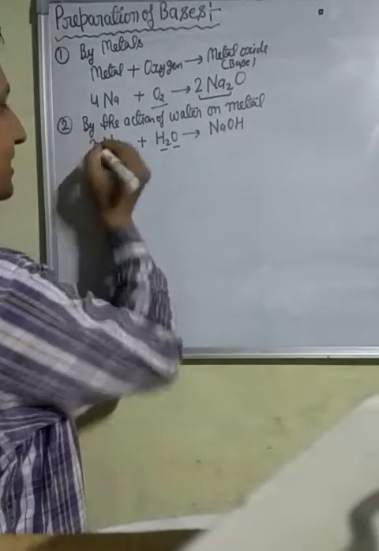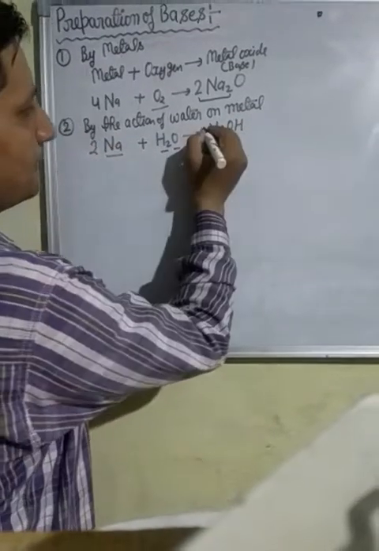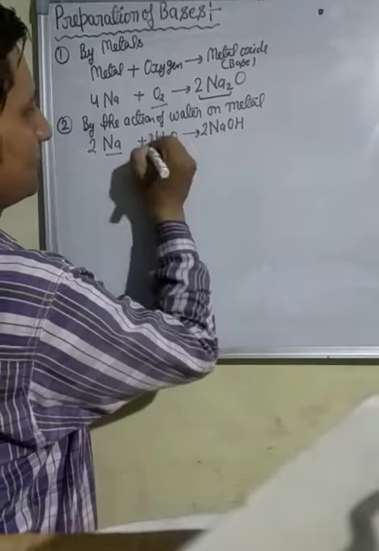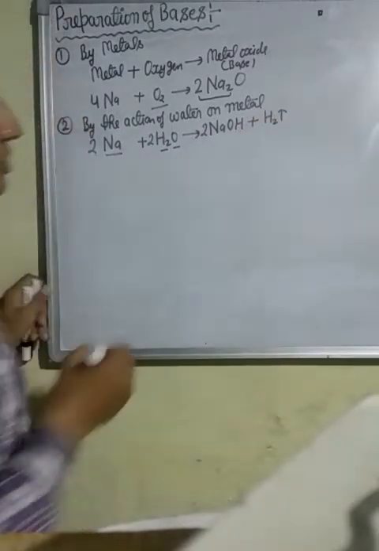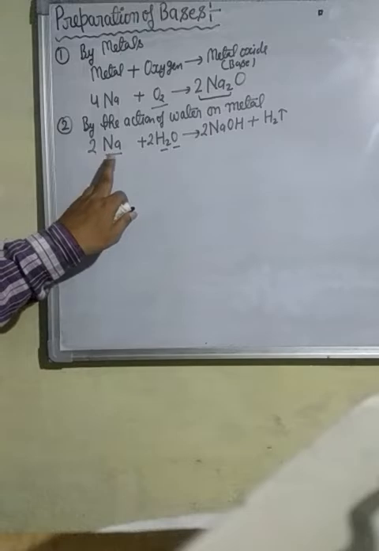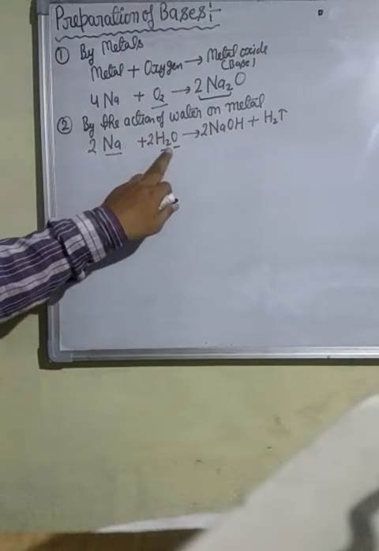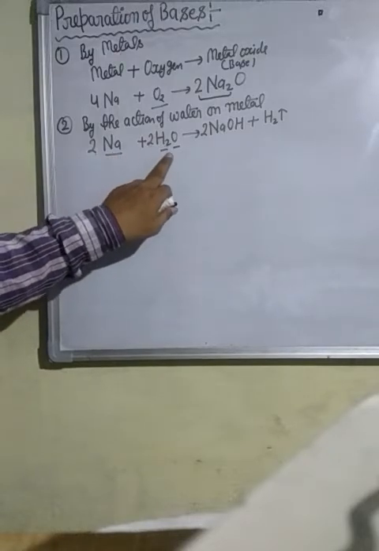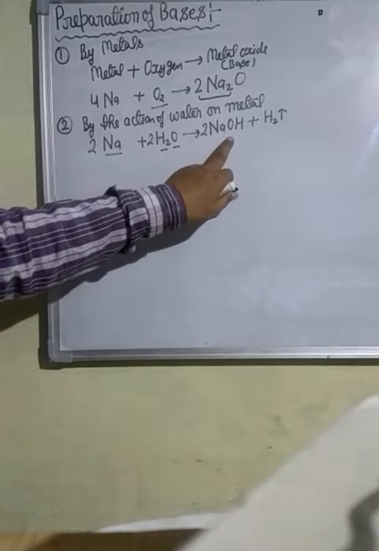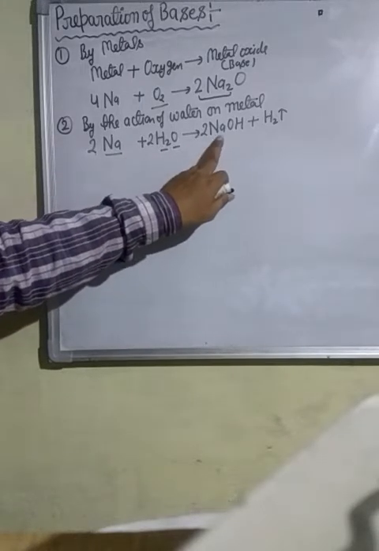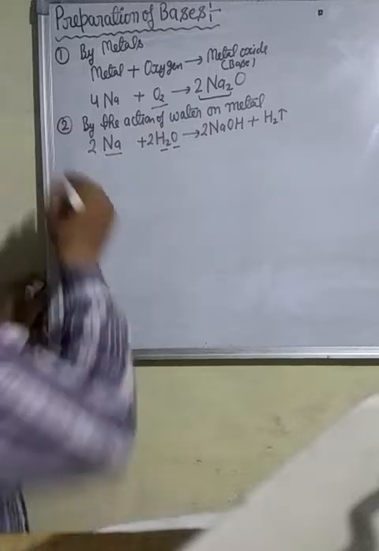Balance it, multiply sodium by 2, 2 NaOH, 2H2O, and hydrogen gas is also formed. Second method, metal reacts with water, or we can say water reacts with reactive metal, to form base or metal hydroxide.